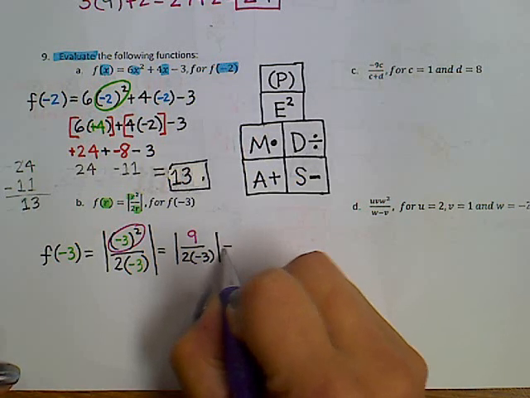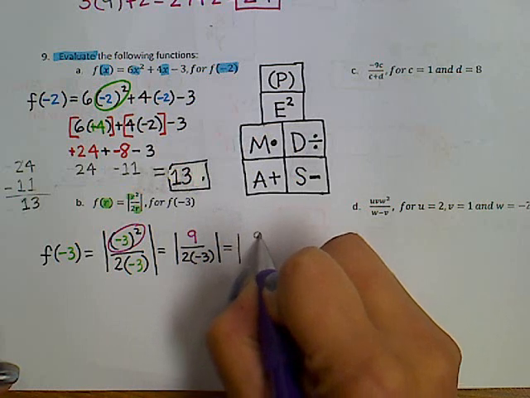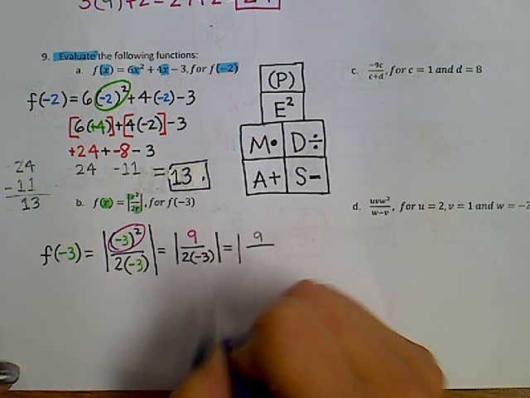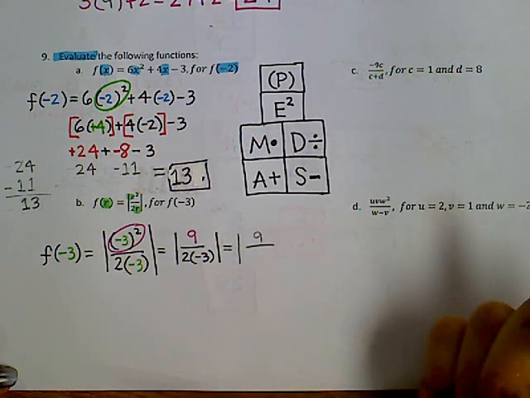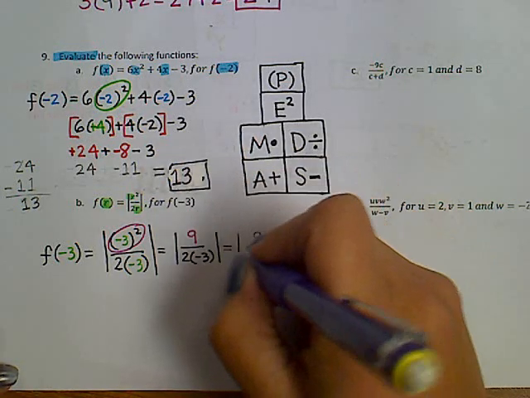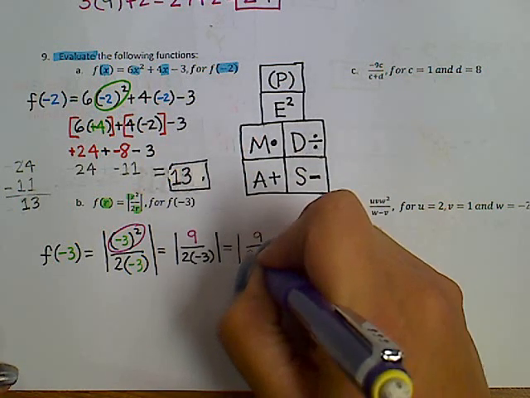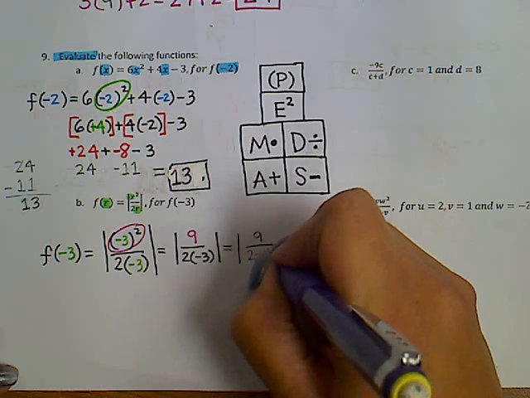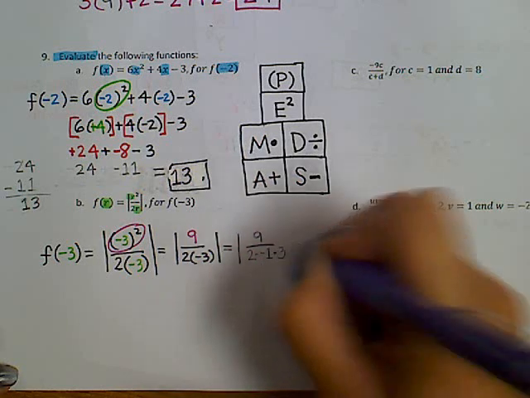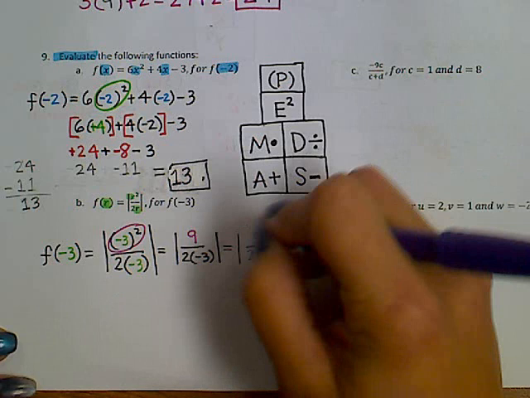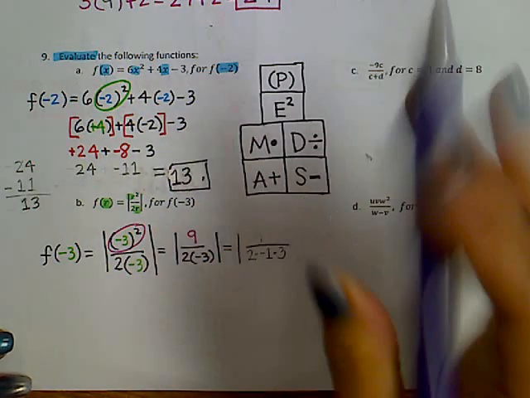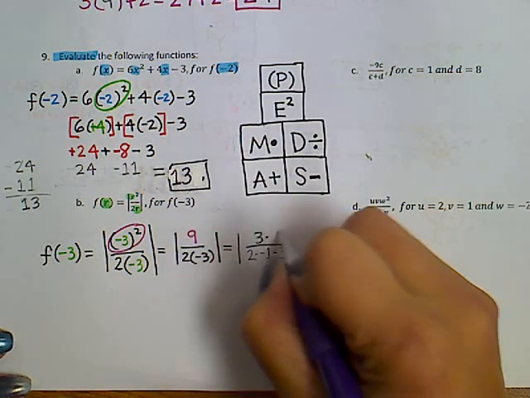So I'm going to rewrite. I have 9 over, now, to be quite honest, maybe it won't be that bad, because we have 2 times negative 1 times 3. Now, 9, we know, is the same as, well, 3 times 3.